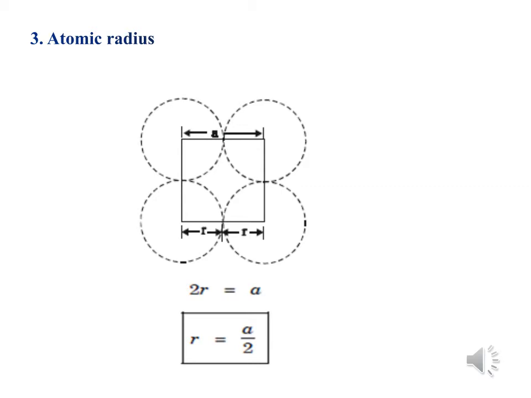The distance between the centers of two nearest atoms is equal to the cube edge a. a is the side of the unit cell, r is the radius. 2r equals a, so r equals a by 2.